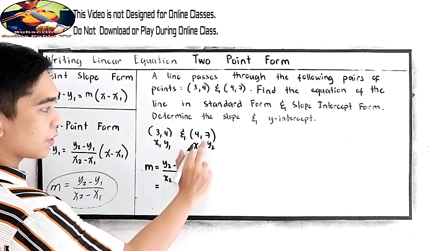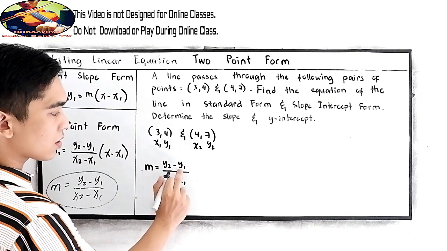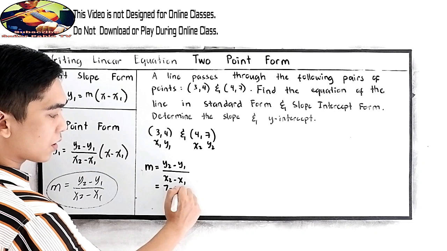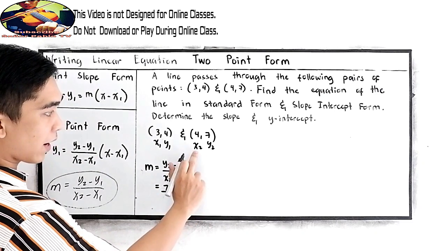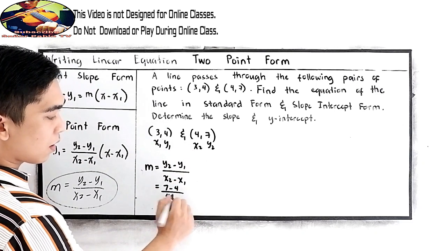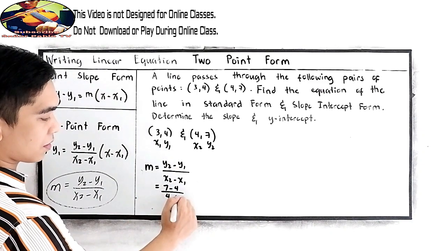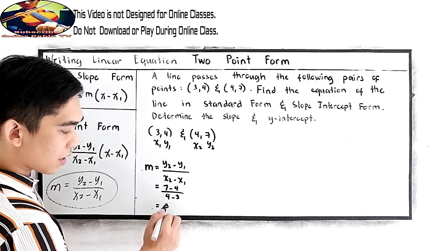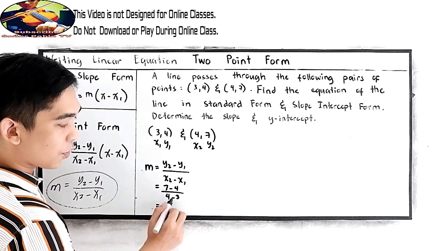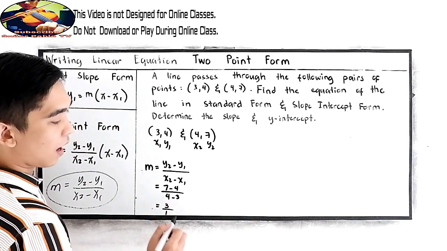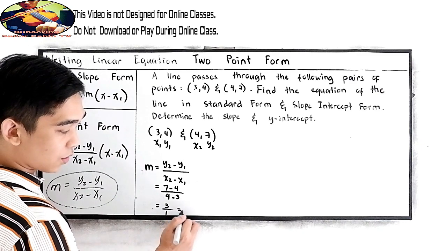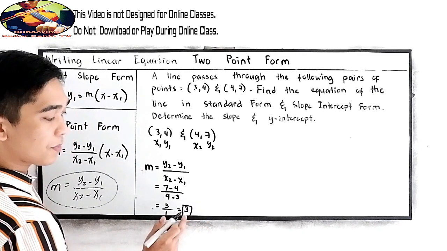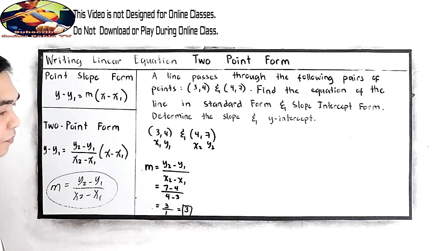So y sub 2 is 7 minus y sub 1 is 4, over x sub 2 is 4 minus x sub 1 is 3. So we have 7 minus 4, that is 3, over 4 minus 3, which is 1, or simply 3. This will be our slope.